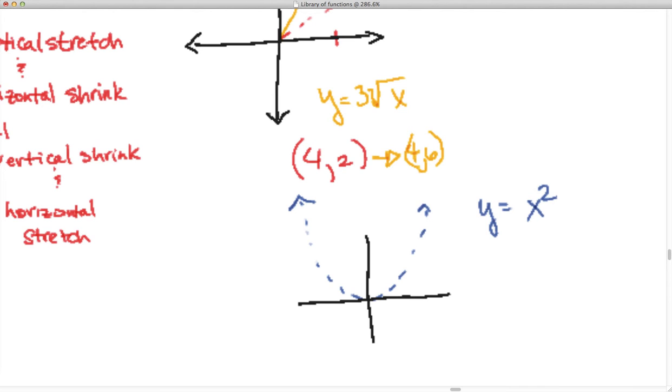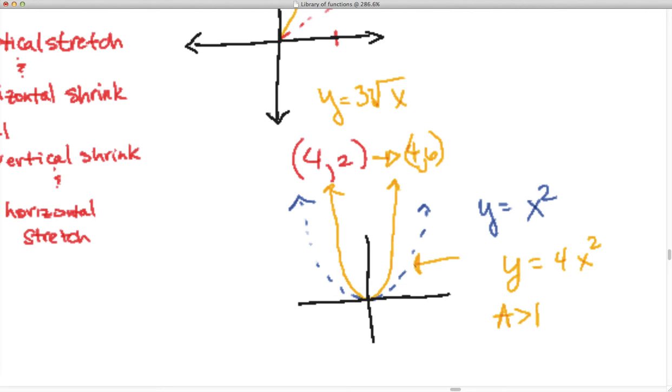What happens if I take that times a 4? Well, the y values now are going to shoot up a lot faster to infinity, because they're 4 times what they were. So you can see that when a was greater than 1, we had a vertical stretch, meaning we pulled it longer vertically, and horizontally we shrank in.